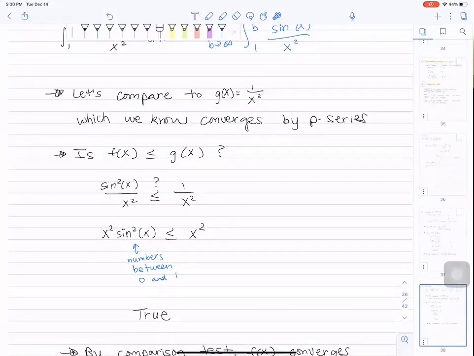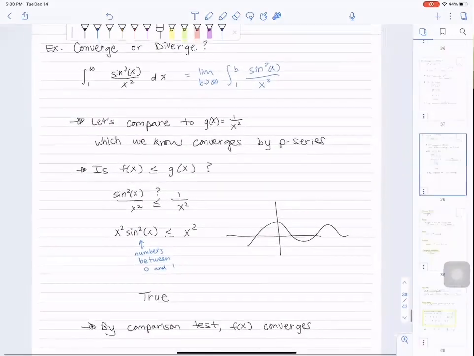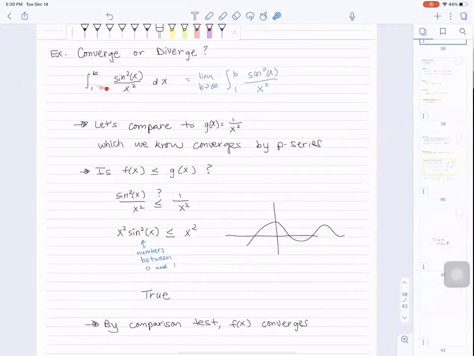Can't get a higher number. You can even imagine the graph of sine x. The highest number you can get is 1. So you know that this x squared is going to be multiplied by some fraction, so that has to be less than just that number itself. This is true. So by the comparison test, our complicated unknown thing does converge.